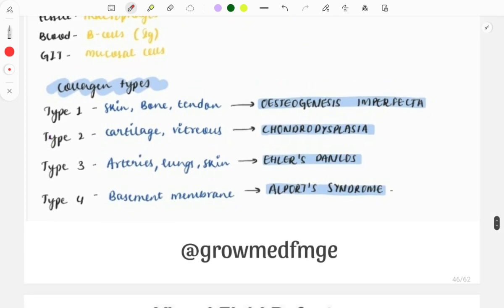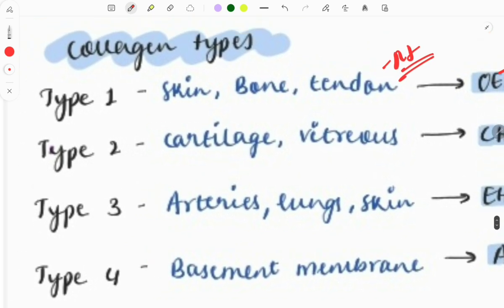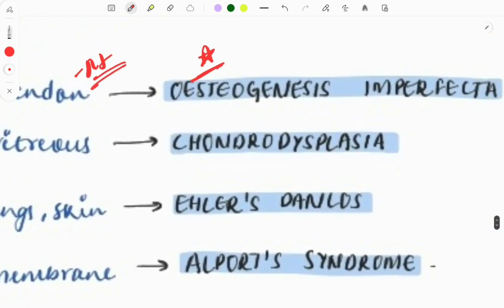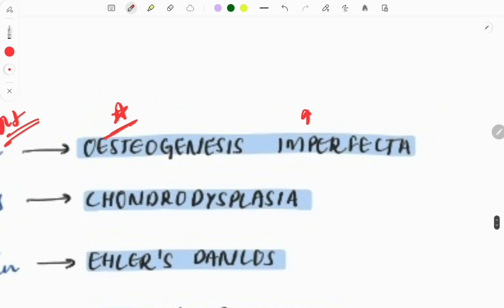Then the collagen types. So the types and the diseases caused by defects in those types, and where they are present, the normal location. Like for example, type 1 is present in the skin, bone, and tendon. So whenever there is a defect, it will cause osteogenesis imperfecta. One important finding seen with osteogenesis imperfecta is weak bones and blue colored sclera.